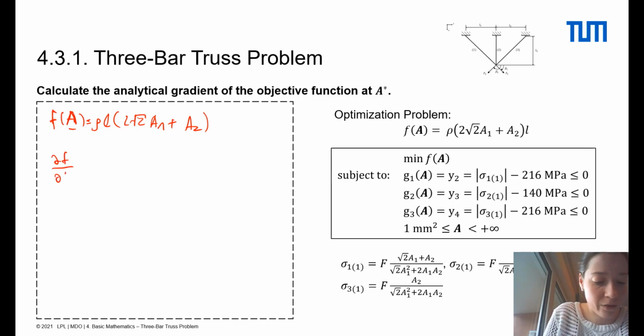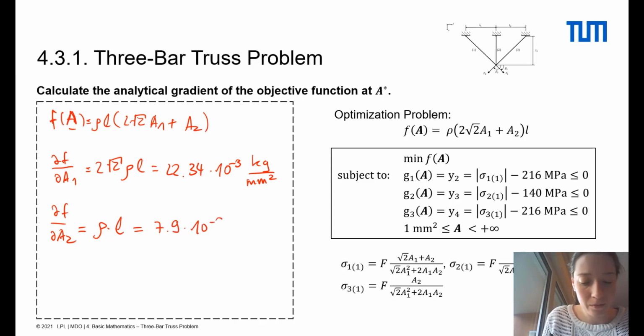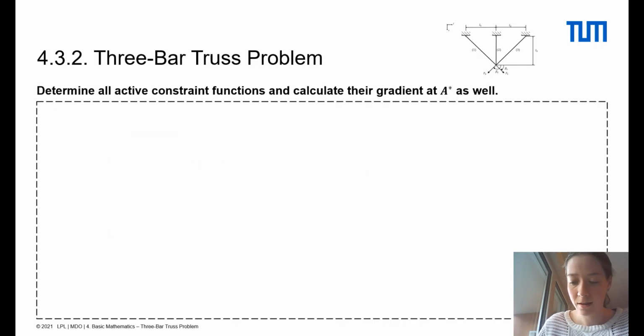And we know that dF over dA1 is 2 square root of 2 times rho times L, and dF over dA2 is rho times L. And we can plug in the values we know. So we get 22.34 times 10 to the power of minus 3 kilograms per square millimeter. And here is 7.9. And that's the first task.